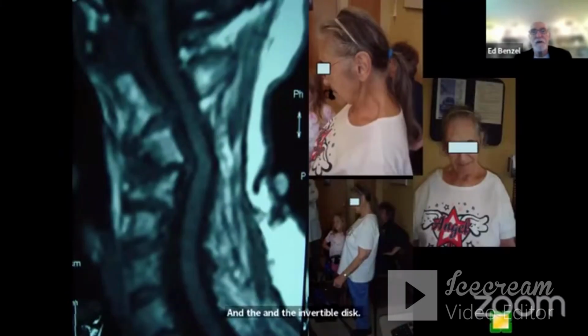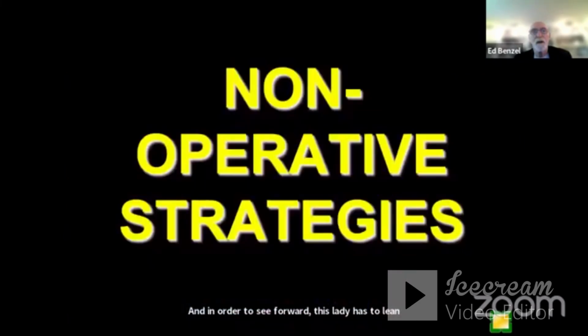Here's another example of a patient with a kyphotic deformity, the kyphosis trapezius sign, and in order to see forward, this lady has to lean backwards, causing significant lower spine pain.